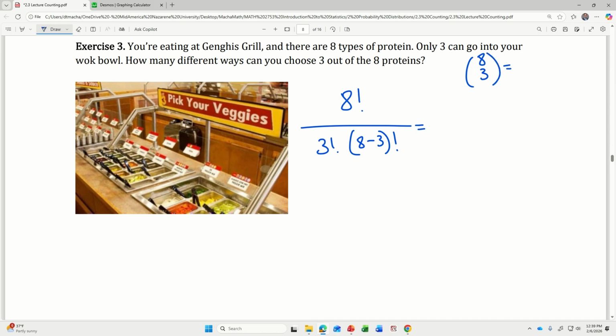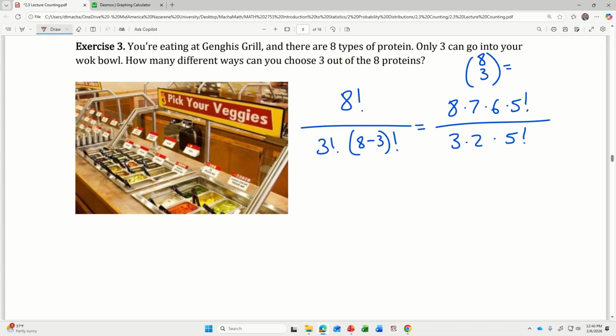And 8 choose 3 is calculated using, of course, 8 factorial, which is 8 times 7 times 6 times 5 factorial. 3 factorial in the denominator is 3 times 2. 8 minus 3 is 5 factorial.